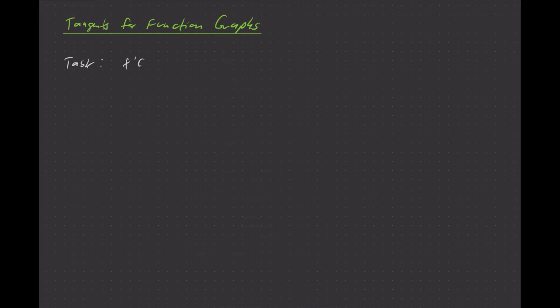We know that f prime at a point x star is the slope of the graph of f at x star.